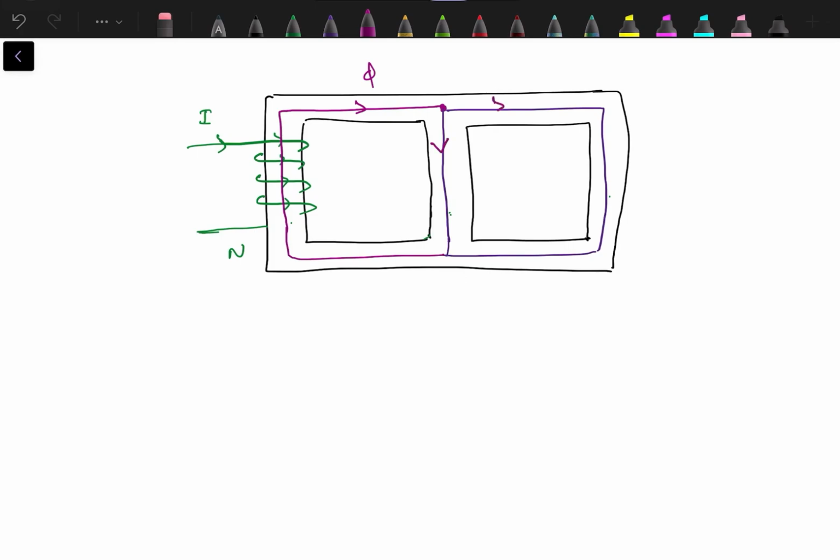So basically there are two paths. Some of the flux will follow this path. Let's say this is phi 1. This one is phi 2. Then over here again we have phi. So phi is actually phi 1 plus phi 2. So this is similar to the parallel circuit.